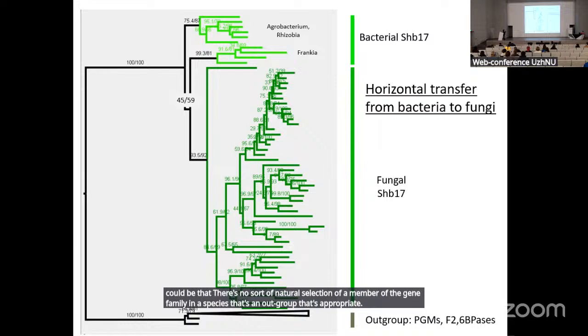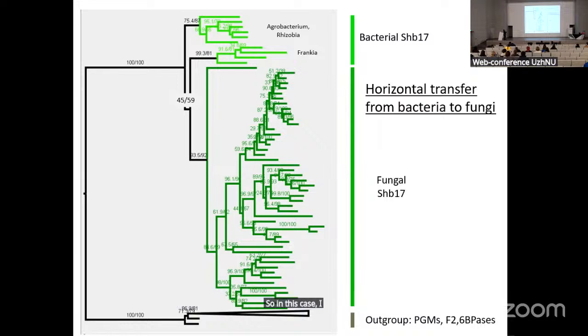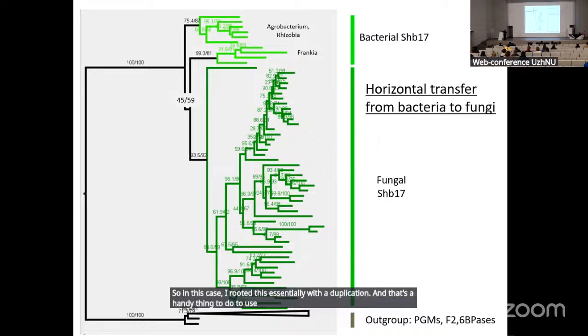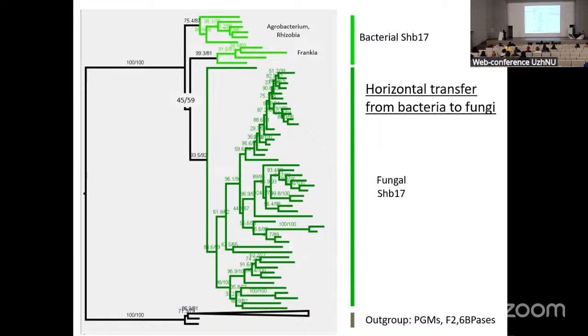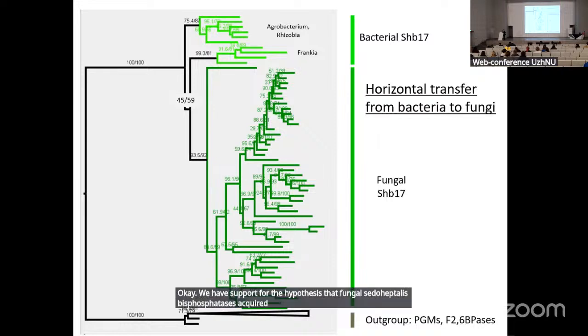So in this case, I rooted this essentially with a duplication, and that's a handy thing to do, to use some distantly related gene family to root. Okay, so we have support for the hypothesis that fungal cytoheptulose bisphosphatases were acquired through horizontal transfer from bacteria.